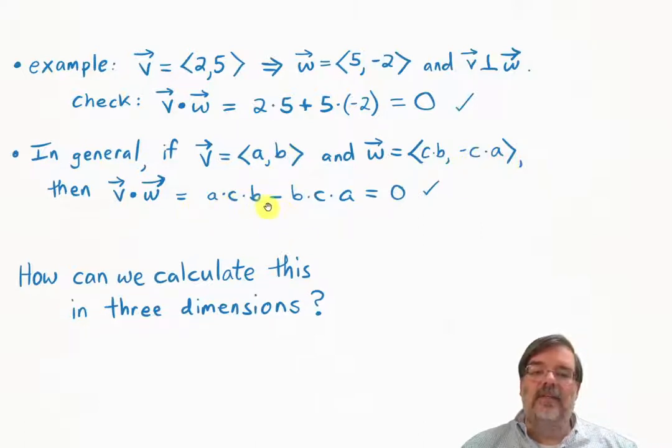So that'll be acb minus bca. Those are really the same numbers with their factors rearranged, so that gives you 0. So for any values of a and b, you can use any value of c, and you get perpendicular vectors. Two dimensions is not too hard.